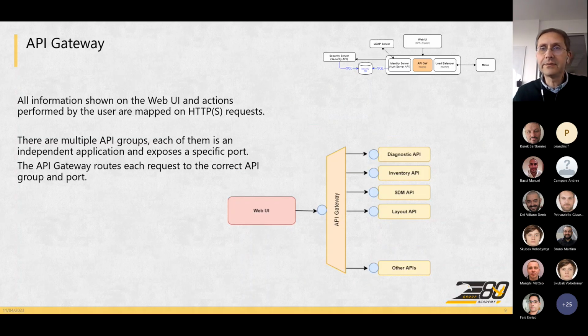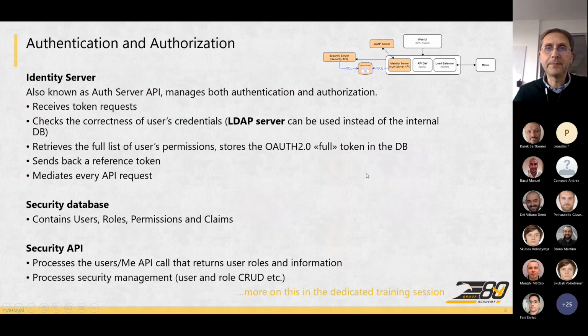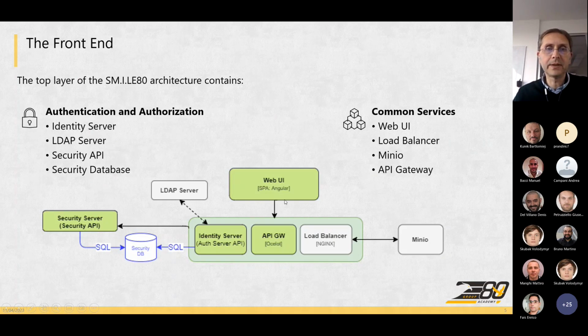Okay, this is it for the front-end part. So just to recap quickly, we have the web UI, which is our graphical client that uses services from the identity server for authentication, services from the security server for authorization together with the security database, and the LDAP server, which acts as an external authentication server.